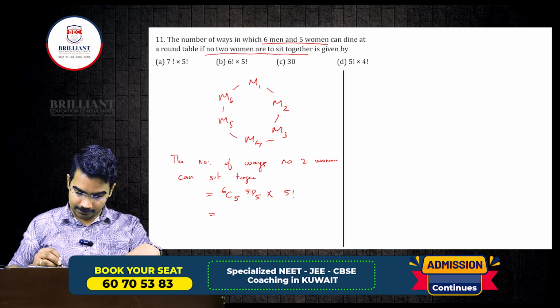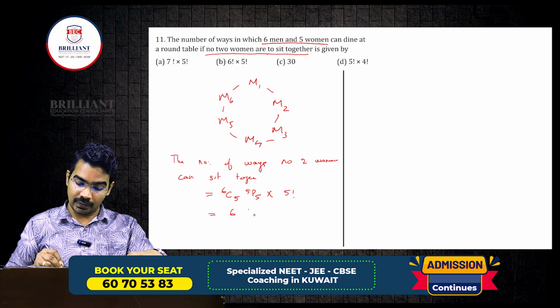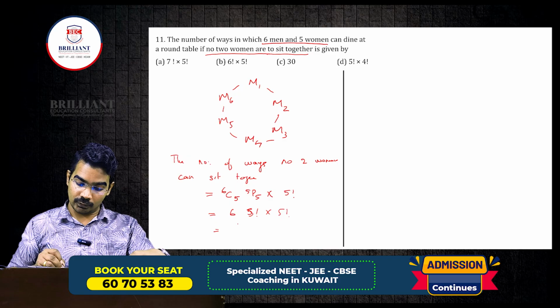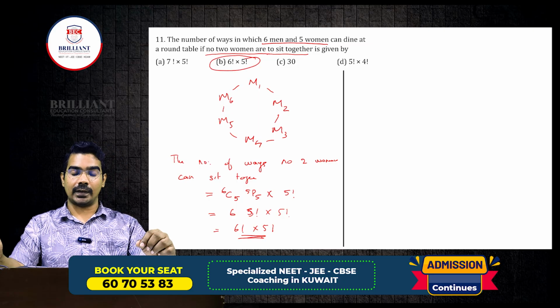So this will be 6C5, which is 6, into 5P5, which is 5 factorial, into 5 factorial. So this will be 6 into 5 factorial, which is 6 factorial, into 5 factorial. So the correct answer is option B, 6 factorial into 5 factorial.